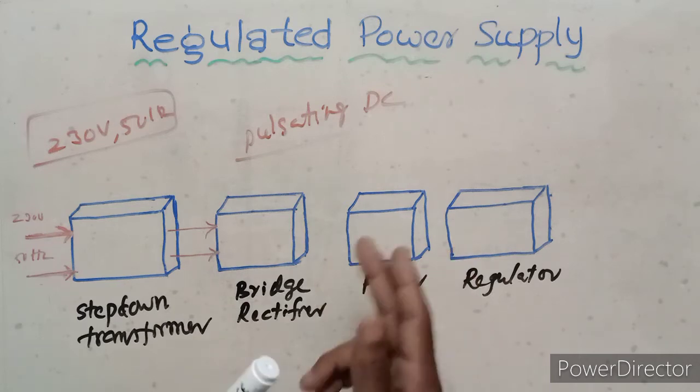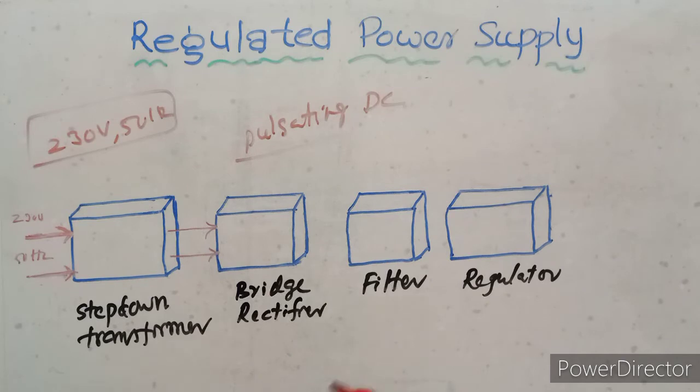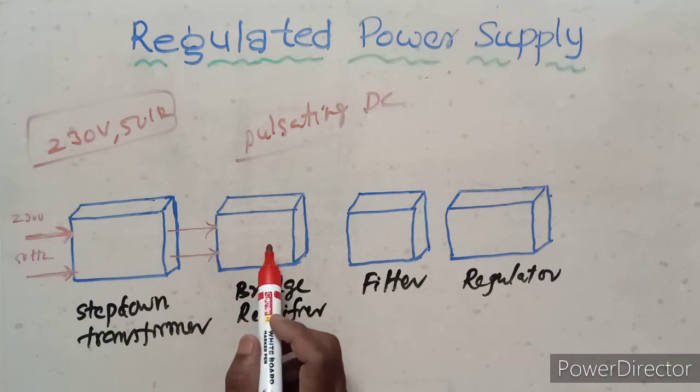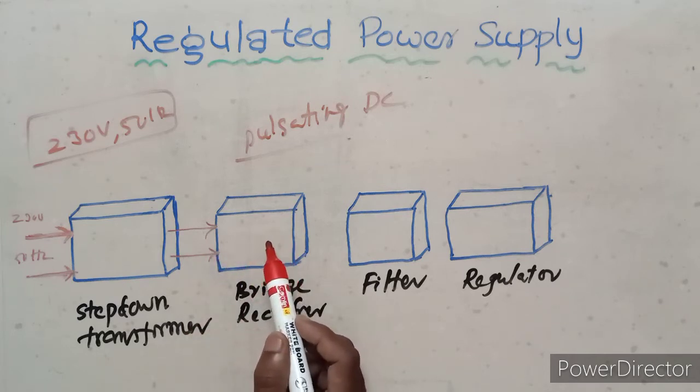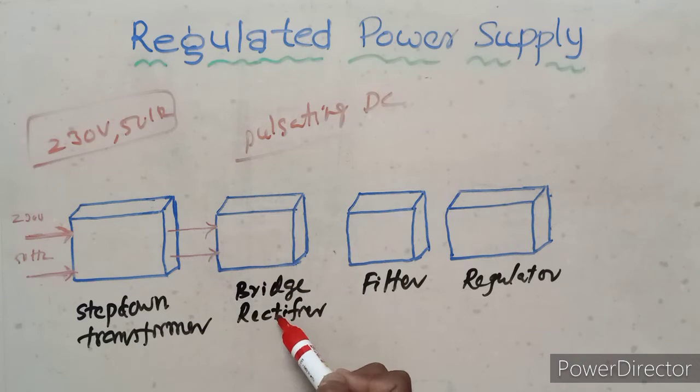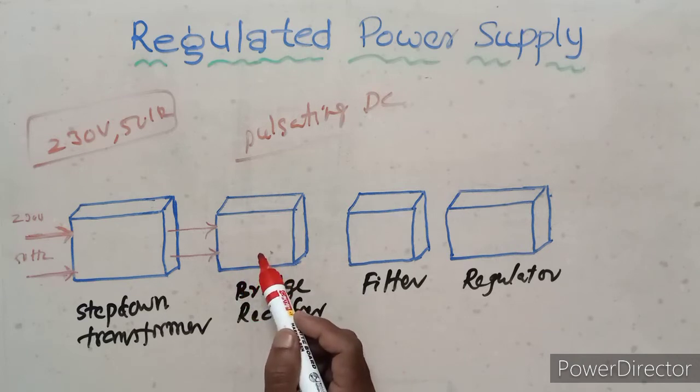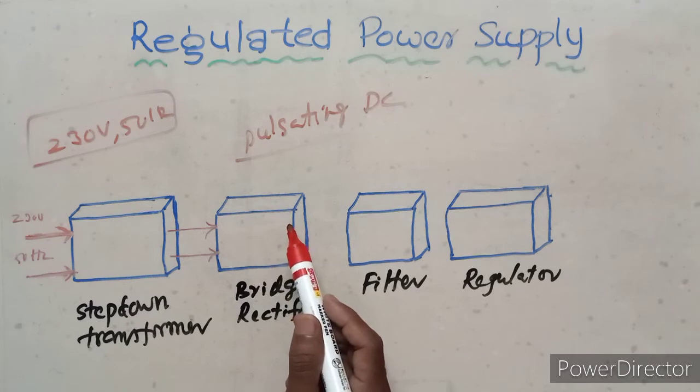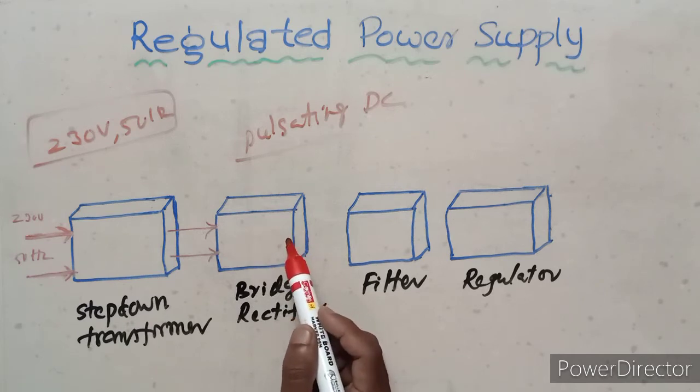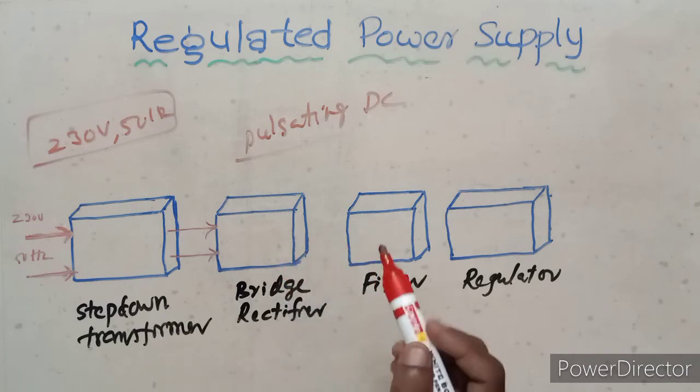So here, pulsating DC. The input of AC voltage goes to the bridge rectifier, where rectification converts the AC voltage into pulsating DC voltage. Pulsating DC voltage means unidirectional.